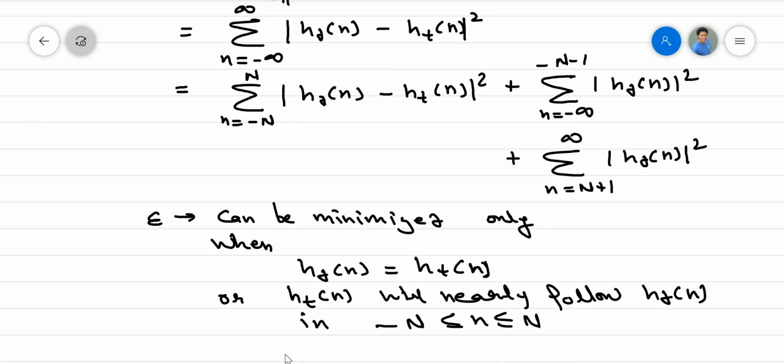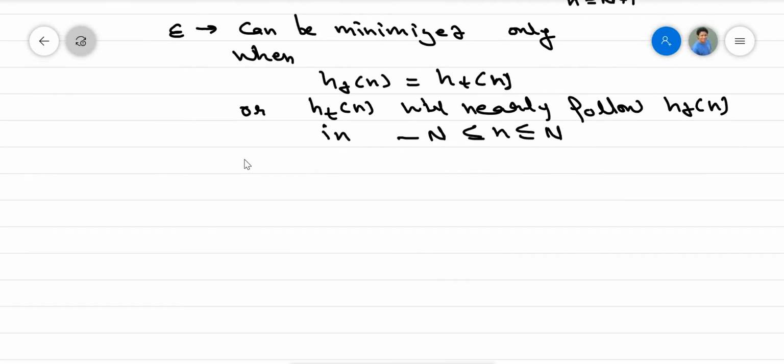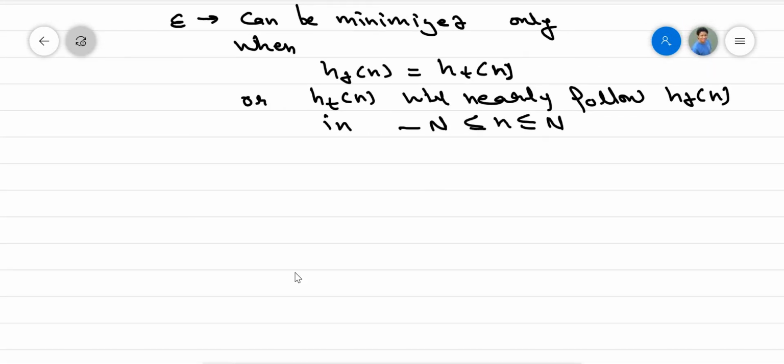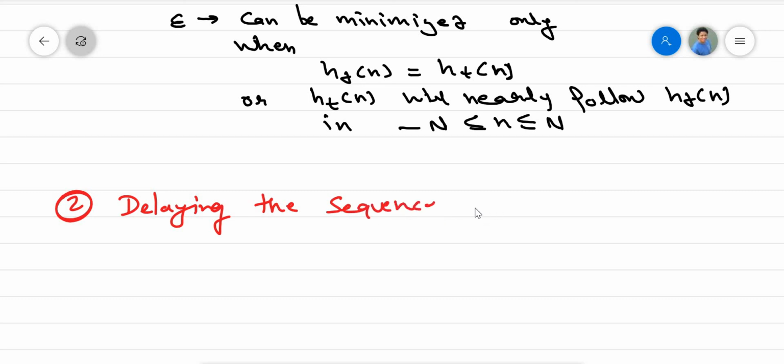Now after truncation, we are also proposing for causality. We want our sequence to be causal. So that means delaying the sequence or impulse response so it is causal.